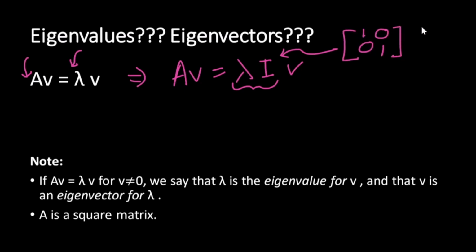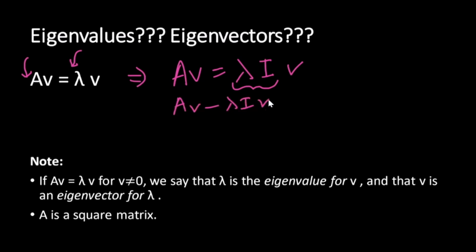A 3 by 3 identity matrix would be 1, 0, 0, 0, 1, 0, 0, 0, 1. Okay, and now I would have AV minus lambda IV equals 0. Factor V out, I have A minus lambda I multiplied by V equals 0.